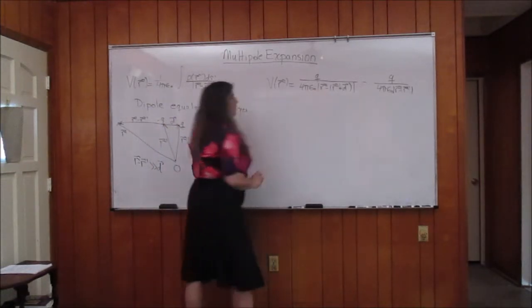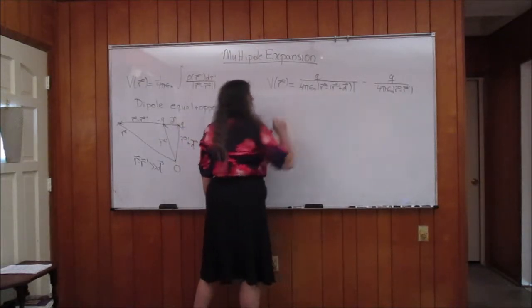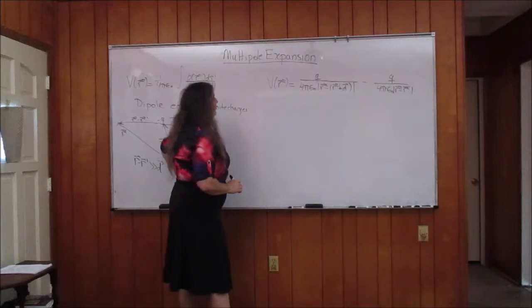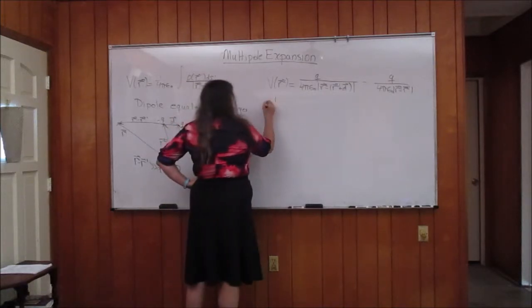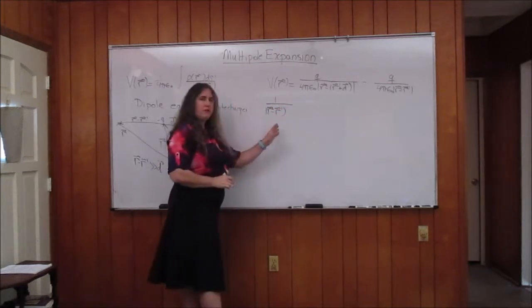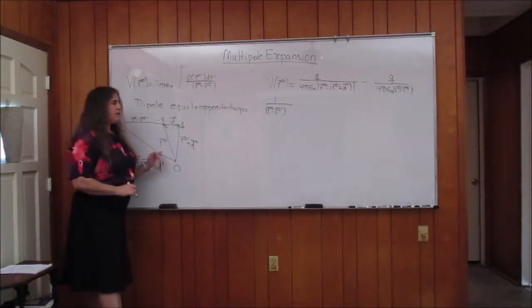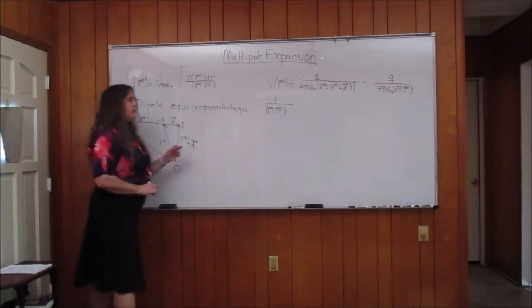I'm going to expand this magnitude here in the first term. But I'm going to group them a little bit differently because in this particular system, r minus r prime is a lot bigger than d.